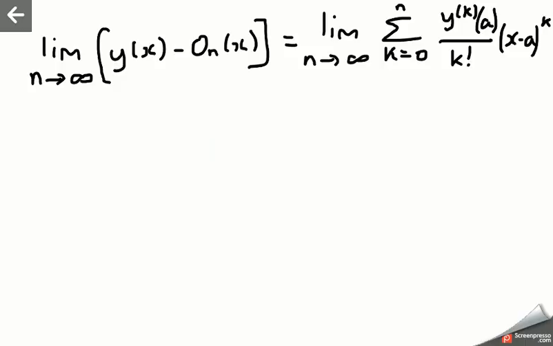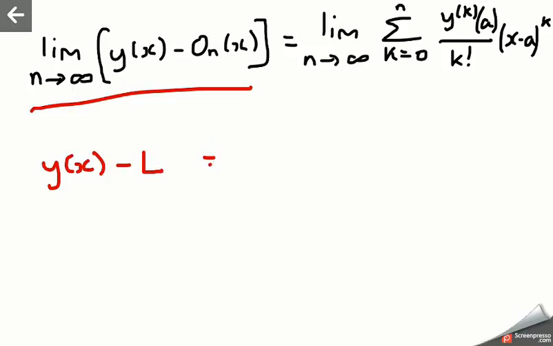Well, the limit on this side, as n tends to infinity, we said that Rn of x got closer and closer to L, so this whole thing must get closer and closer to y of x minus L. And on the other side, as n gets bigger and bigger, we're just adding more and more terms on, and we write it like this.